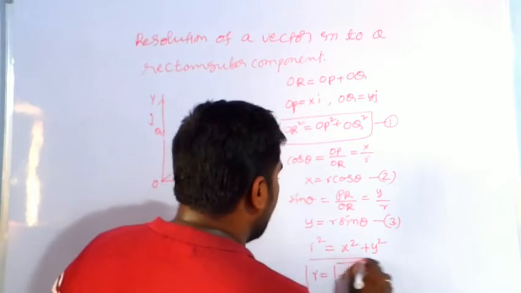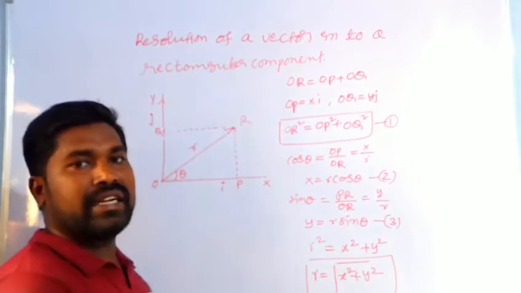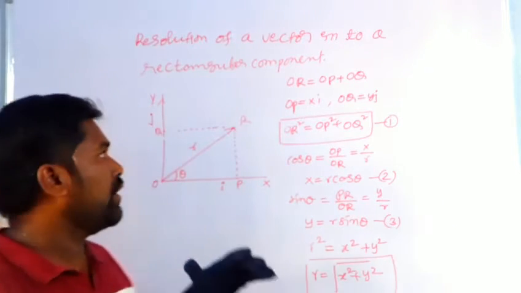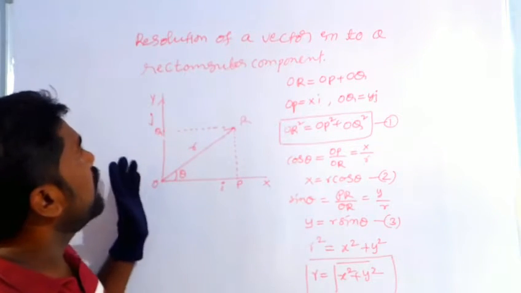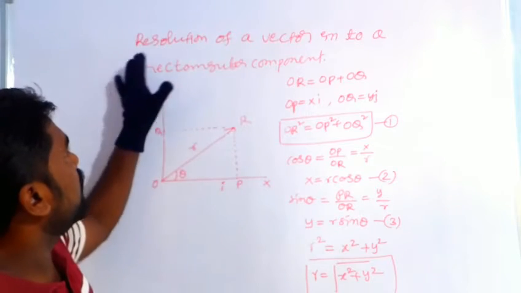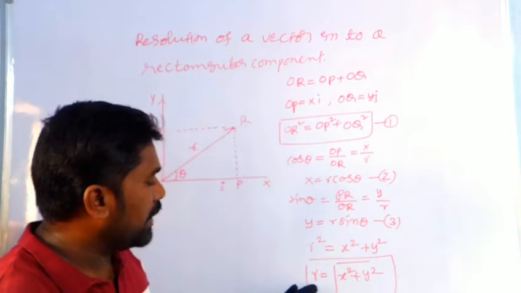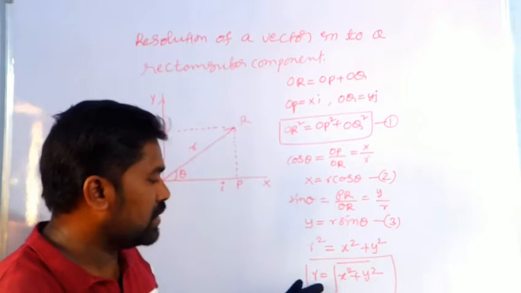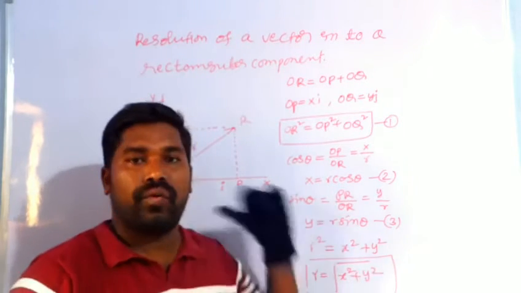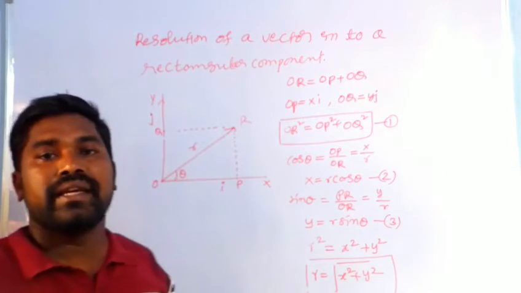This is the magnitude of the resultant vector of a vector in a plane, resolved into rectangular components.